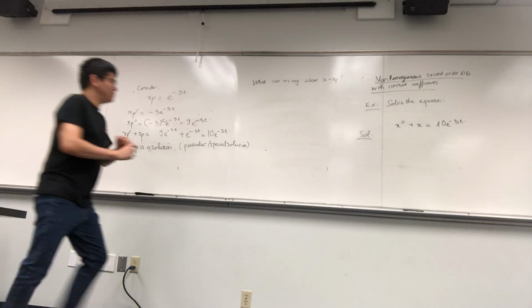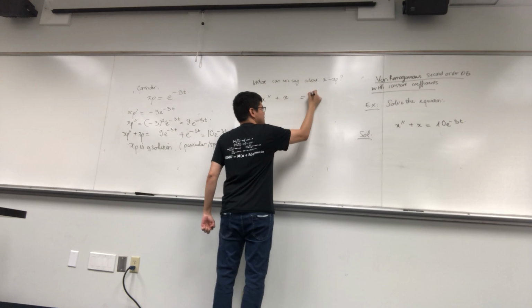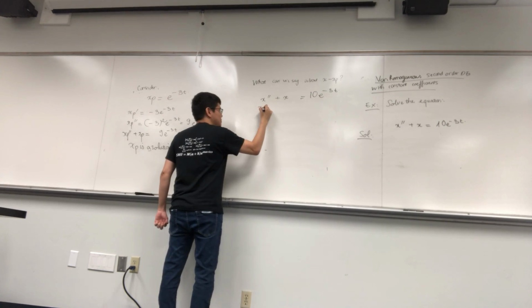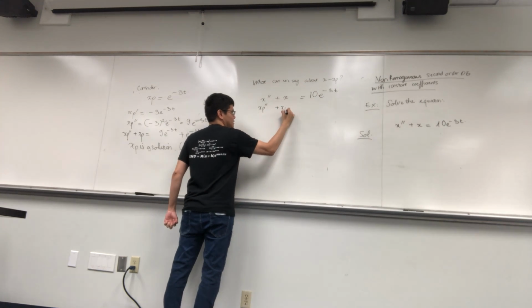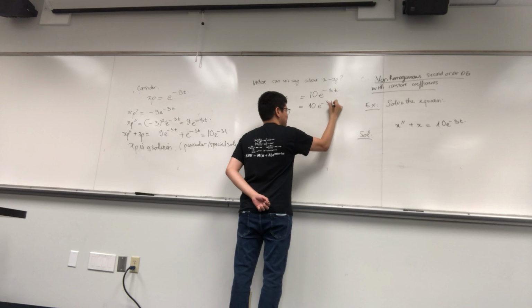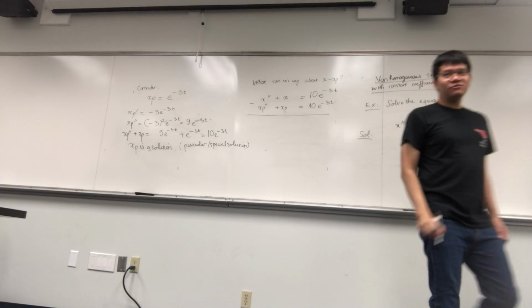Now let me write it down this way. You have x double prime plus x is 10 times e to the power of minus 3t. Now I have xp double prime plus xp is equal to 10 e to the power minus 3t. I take a difference. What do I get?